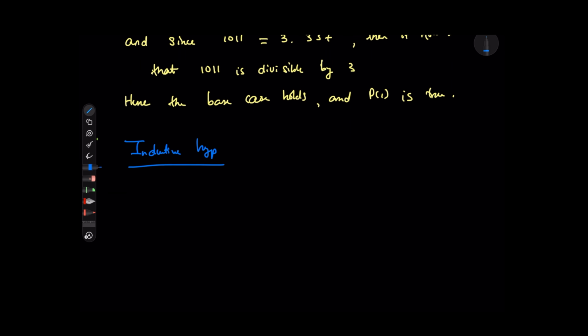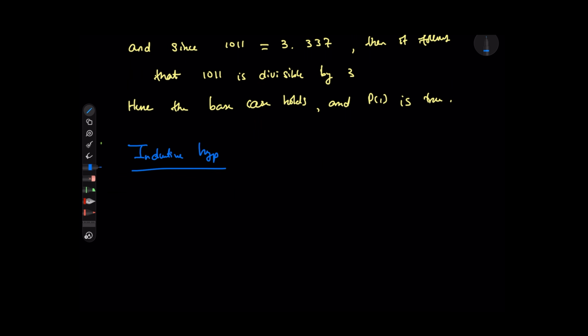We cannot say let, we must use the word assume. So assume that for some k greater than or equal to 1, P of k is true, right? P of k is true.